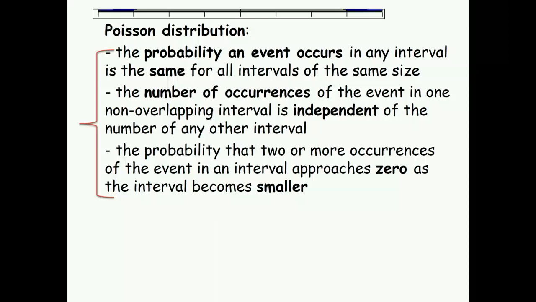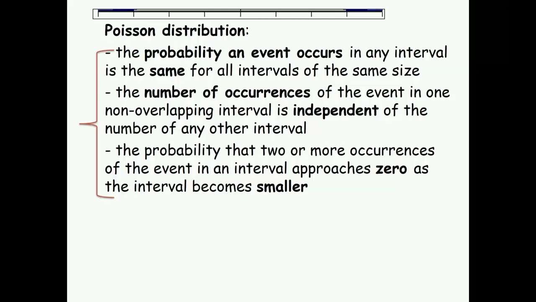So, I put these things, maybe it is not in your lecture note. The probability an event occurs in any interval is the same for all intervals of the same size. For instance, the interval is between 10 o'clock and 11 o'clock. The number of customers coming from 10 to 10:01 has the same probability as from 10:01 to 10:02, from 10:02 to 10:03, 10:03, 10:04.